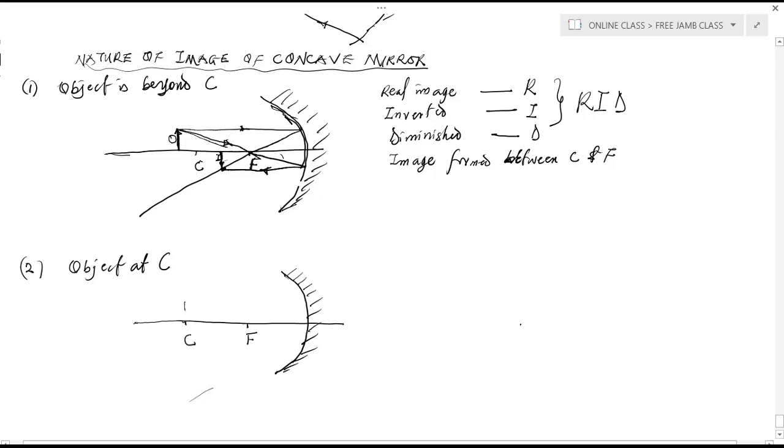So if object is placed at C, you first draw your parallel line to the principal axis.